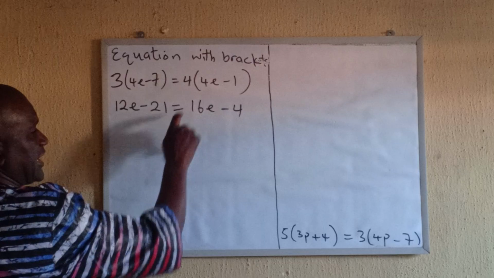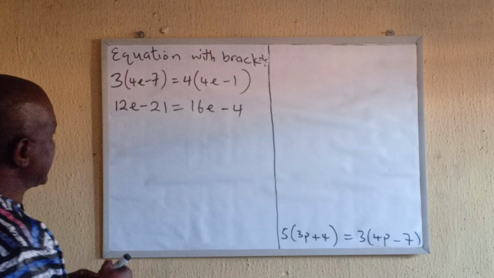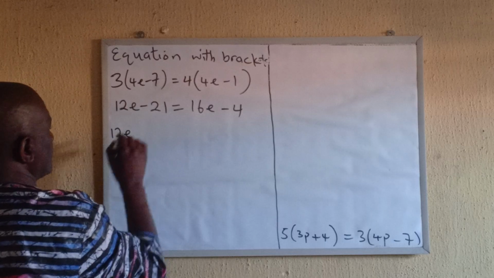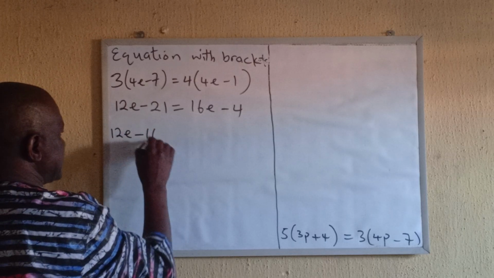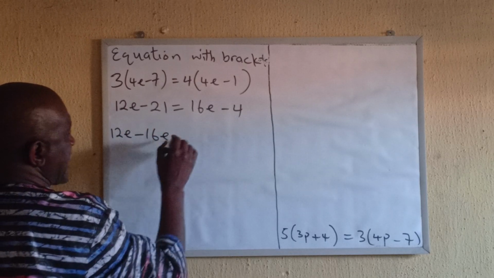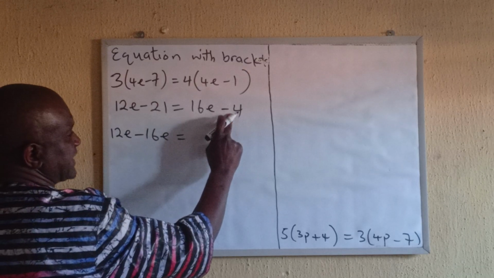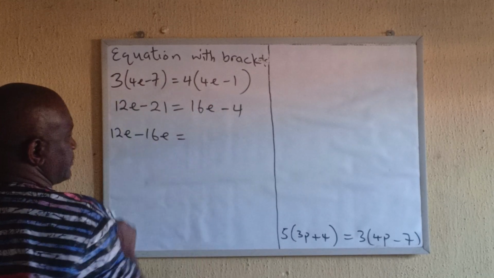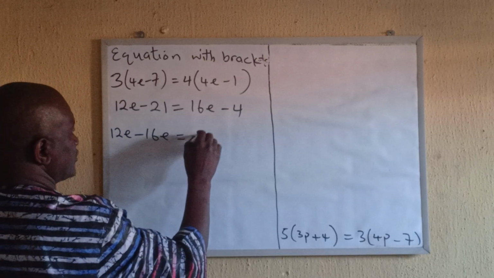And because it is plus here, because it is changing side now, it will be negative. So you learn to write the 12e first, plus 12e minus 16e, then write the minus 4 that is there on the right hand side, because you have lifted this plus 16e. So it will be minus 4.